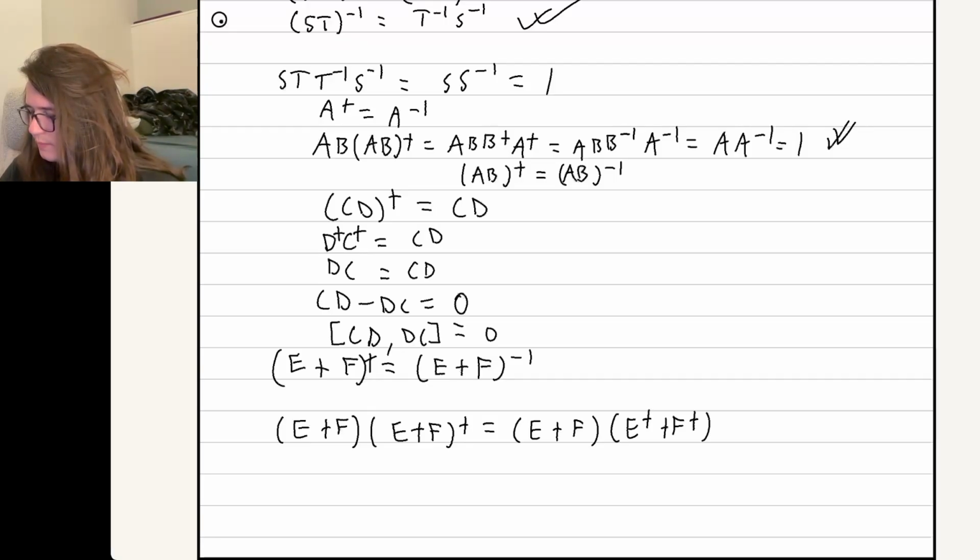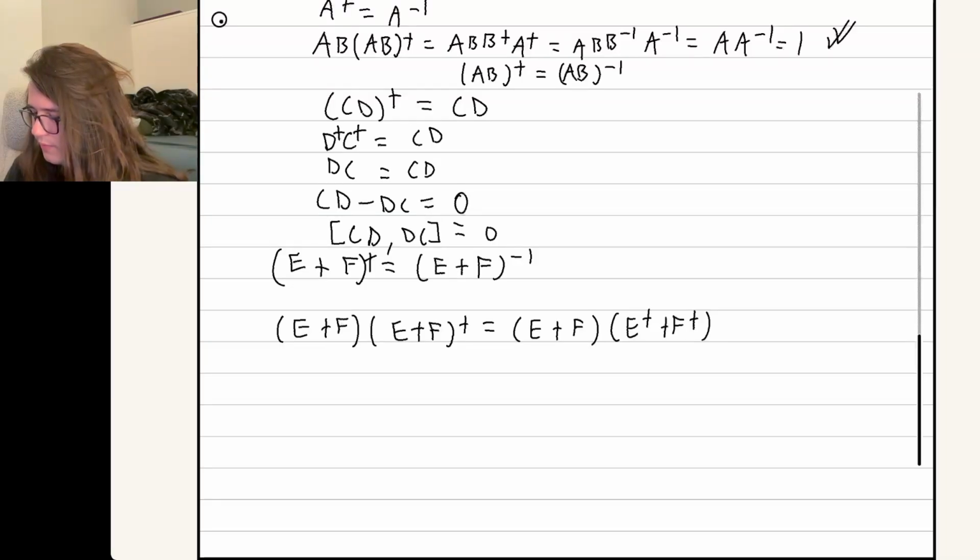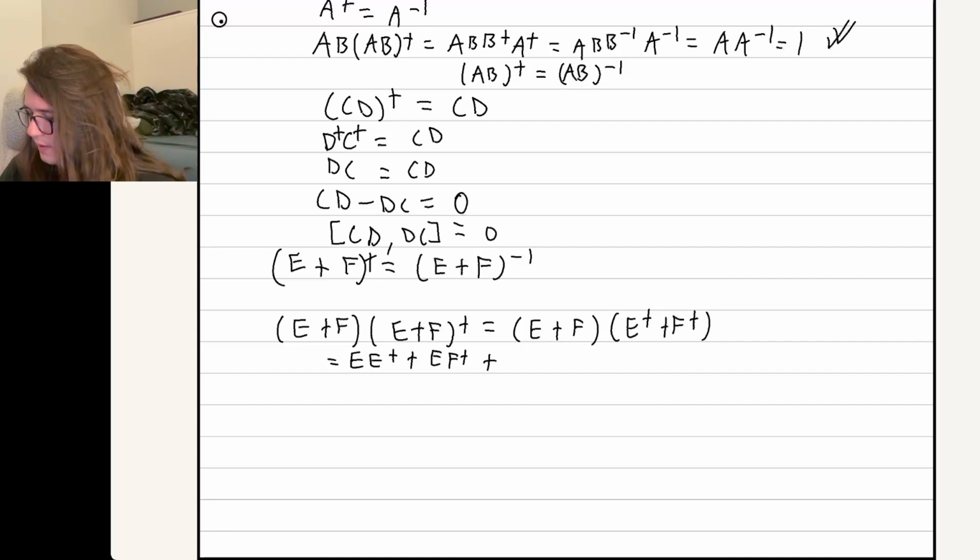Then you can distribute those. So you have E E dagger plus E F dagger plus F E dagger plus F F dagger. We know that E and F are both unitary, so the Hermitian conjugates are equal to their inverses.